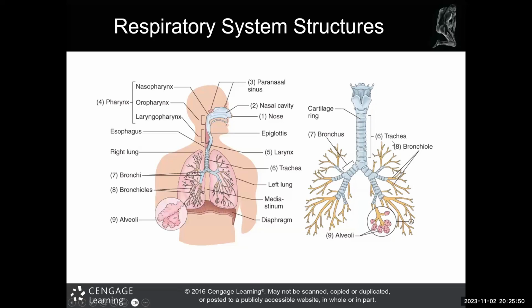So you look over here, here's the trachea, the two bronchi. The bronchioles are the smaller tubes. And then at the end, you'll see the magnification, are the alveoli. They're like little puffed up sacs. This is where the exchange of gases between the blood and the lungs occurs in the alveoli.